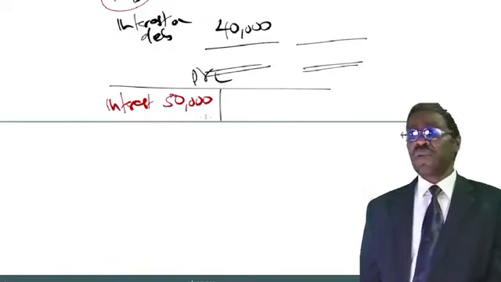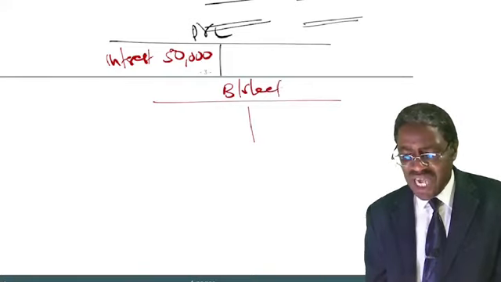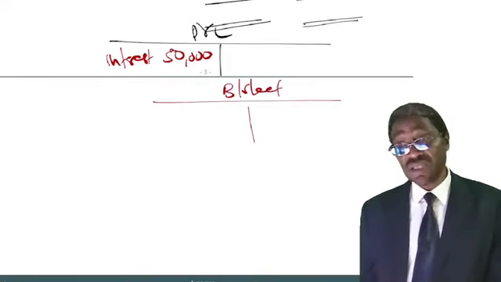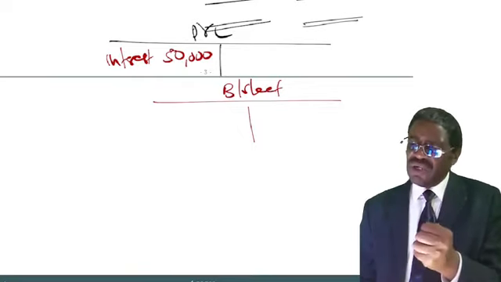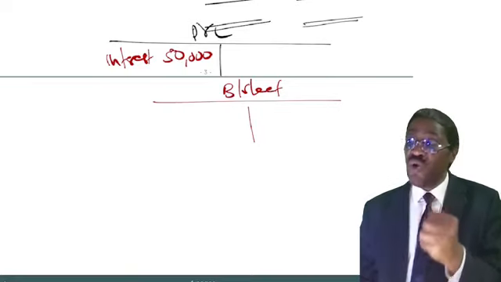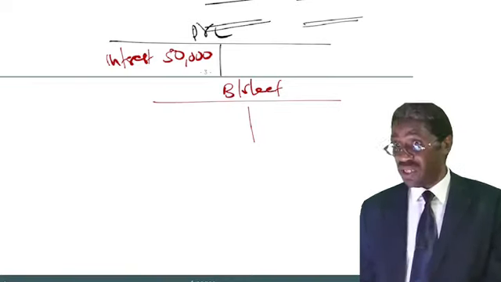But when I'm doing the balance sheet for this company, that's the time I'm going to get concerned. I ask myself, as a company, do I owe my debenture holders anything?